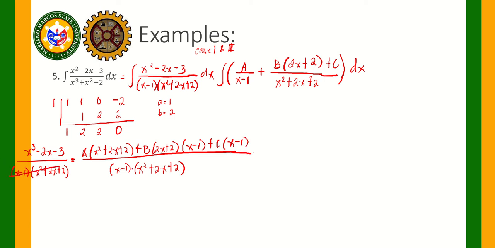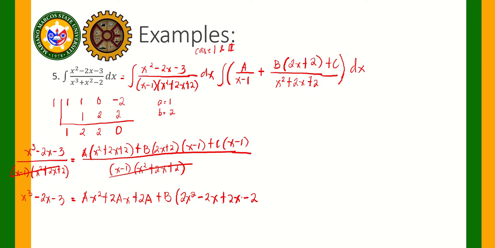Okay, so, of course, this will cancel. So, this will be x squared minus 2x minus 3 equal to, distribute natin, this is ax squared plus 2ax plus 2a. And then, this is B. FOIL method gamitin natin. This will be equal to 2x squared minus 2x plus 2x minus 2. Okay?